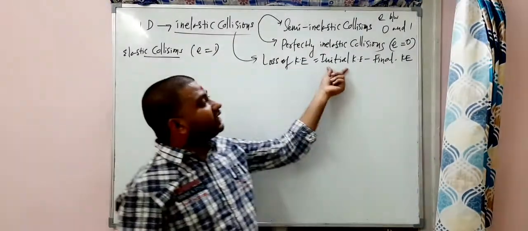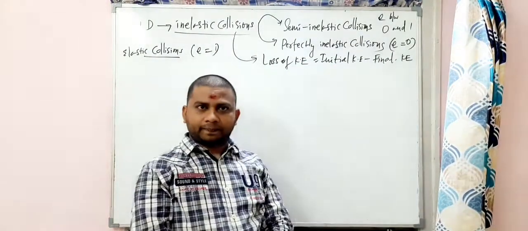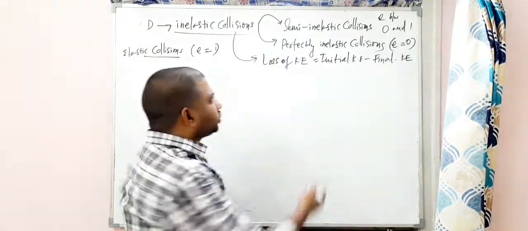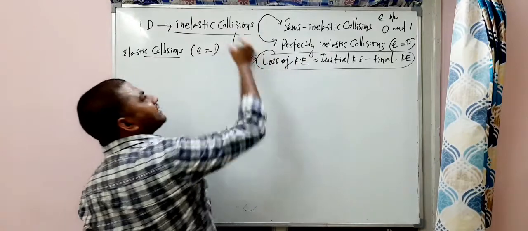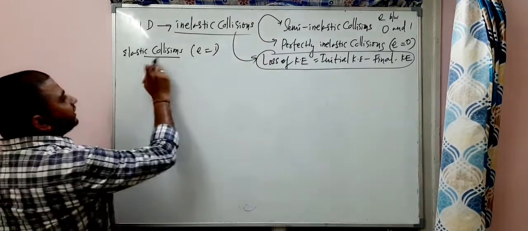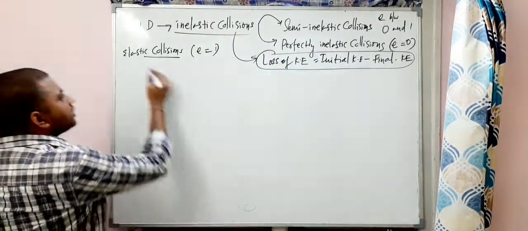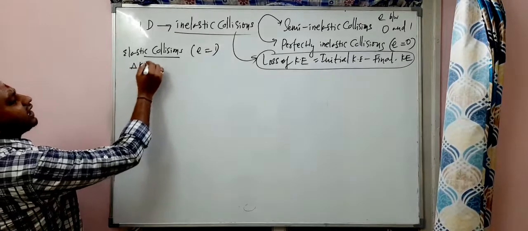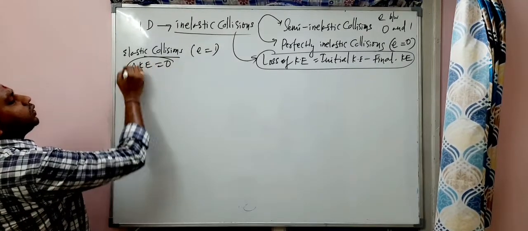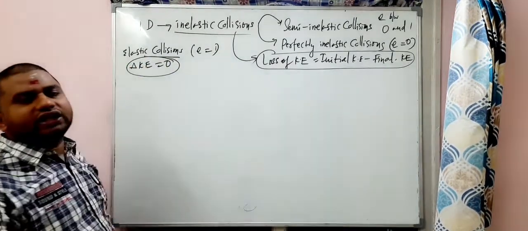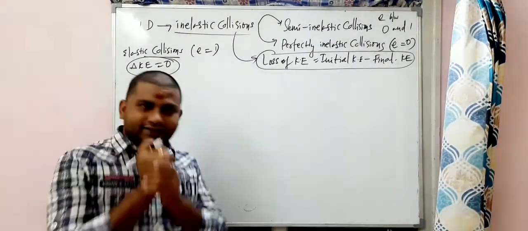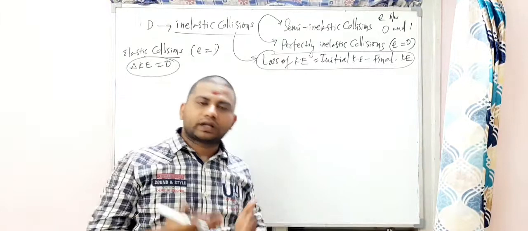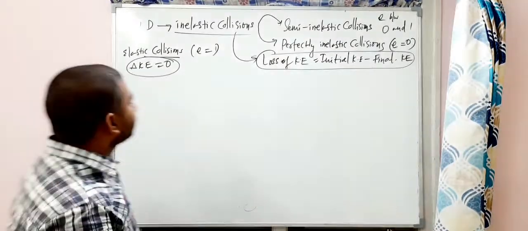Loss means initial minus final. So this loss of kinetic energy will be there in inelastic collisions, whereas in elastic collisions the loss of kinetic energy will be 0, because total kinetic energy is conserved in elastic collisions. Okay? Clear? Let's continue.